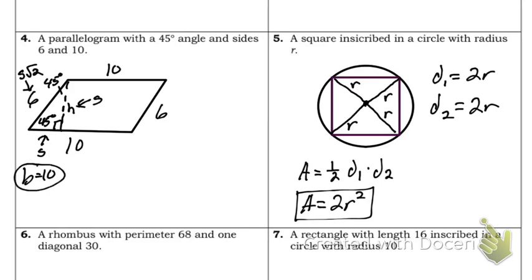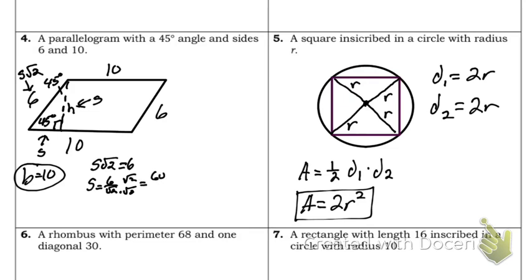So we already have our base. My height is going to be this S here. And right now we have S square root of 2 equals 6. Divide both sides by square root of 2. We have S equals 6 divided by square root of 2. Multiply the top and bottom by square root of 2.